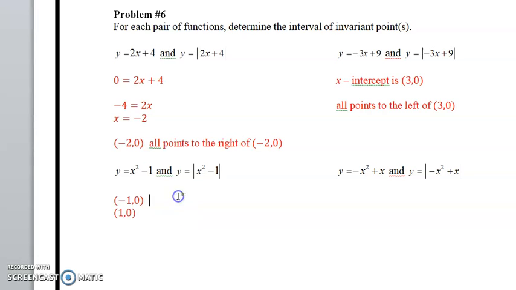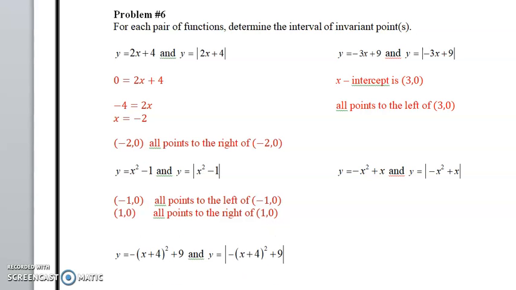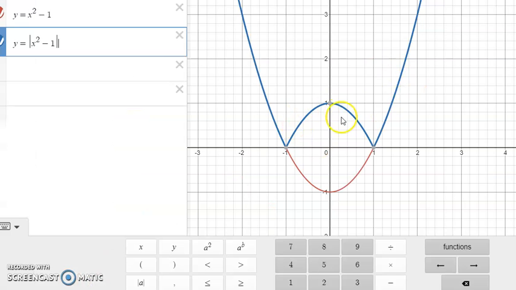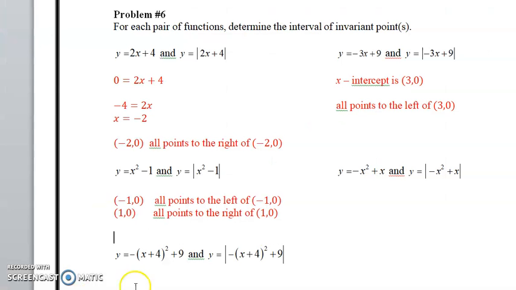Those are your x and y intercepts. So it's all points to the left of that, and obviously all points to the right of 1 and 0. Just look at that graph again. The overlap, basically it's the overlap of the two functions. There it is, they don't change.